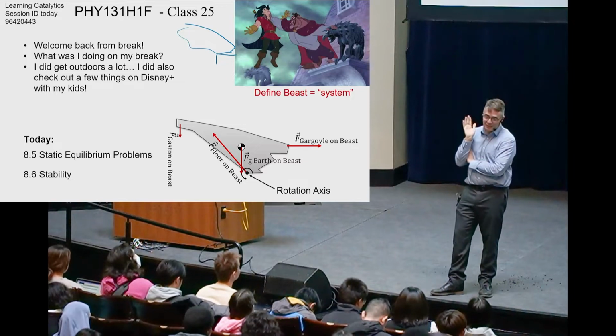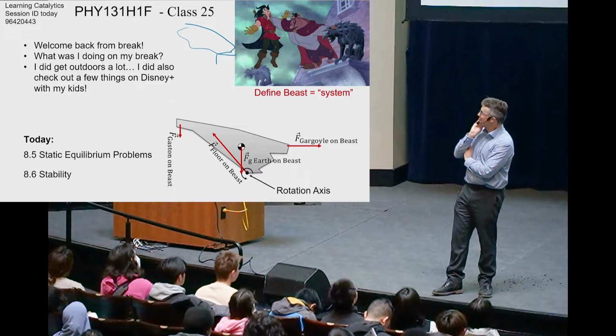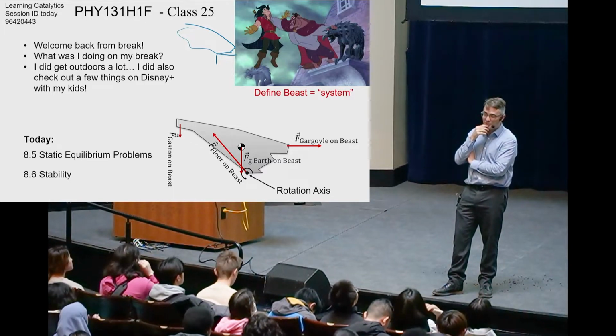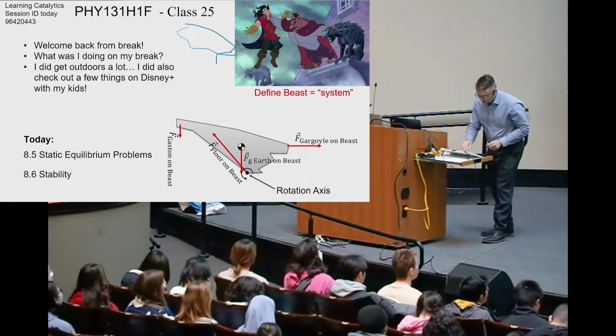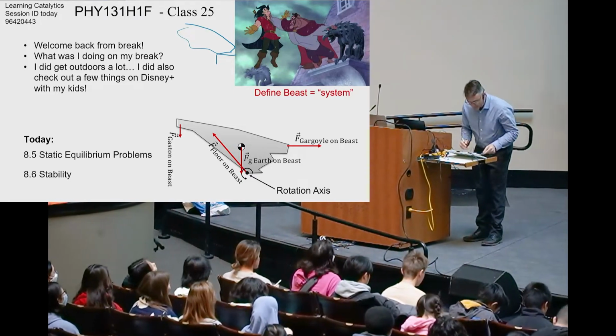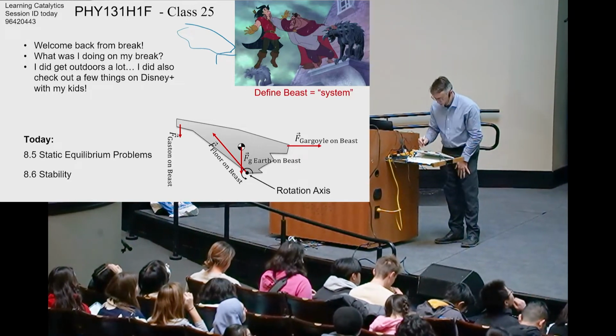Actually, if you've ever seen the movie, it looks like this guy's in a terrible situation and a beast is holding him by the neck, but he really had it coming, if you know Gaston. But if you think of the beast as being the system here, you can imagine all the forces acting on the beast.